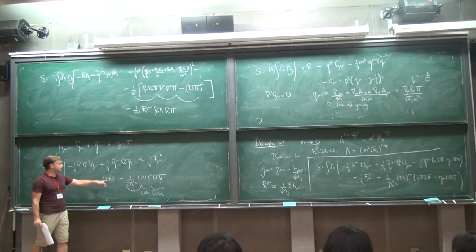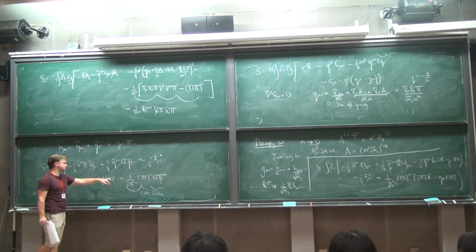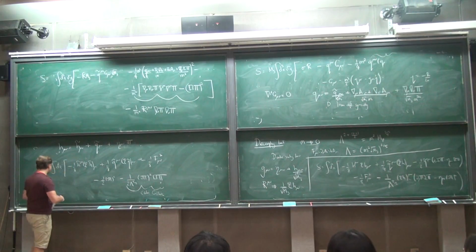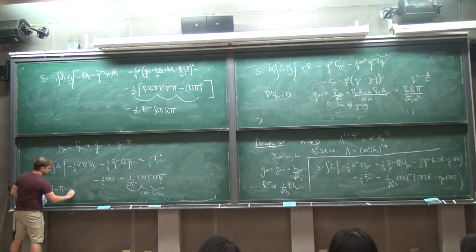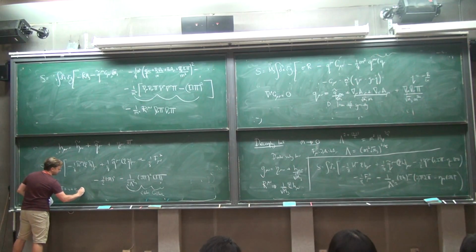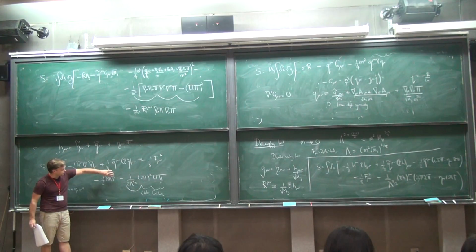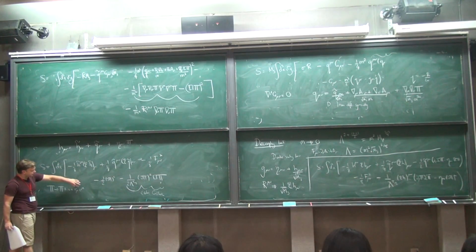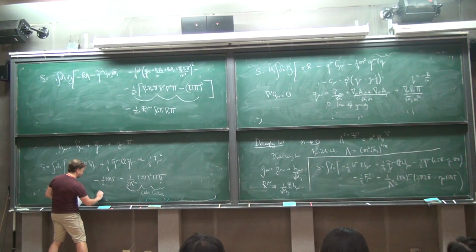And although not immediately apparent, both of these terms in the Lagrangian, both of these actions are invariant under the Galilean symmetry. Pi goes to pi plus a constant plus v mu x mu. The Lagrangians themselves are not invariant because d pi squared will clearly pick up a minus d mu pi times v mu.